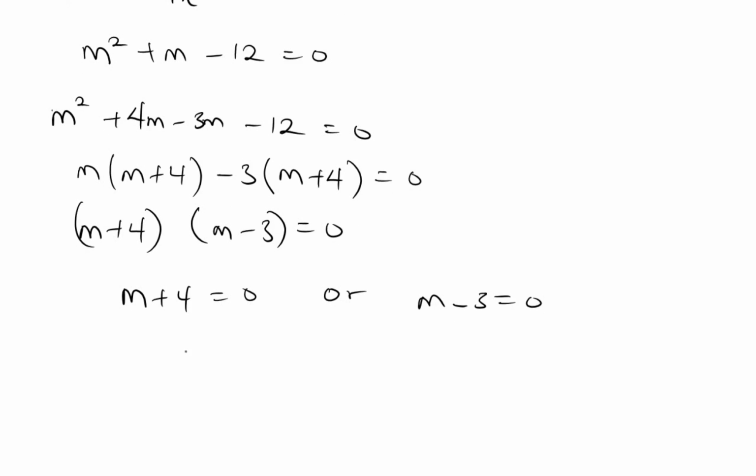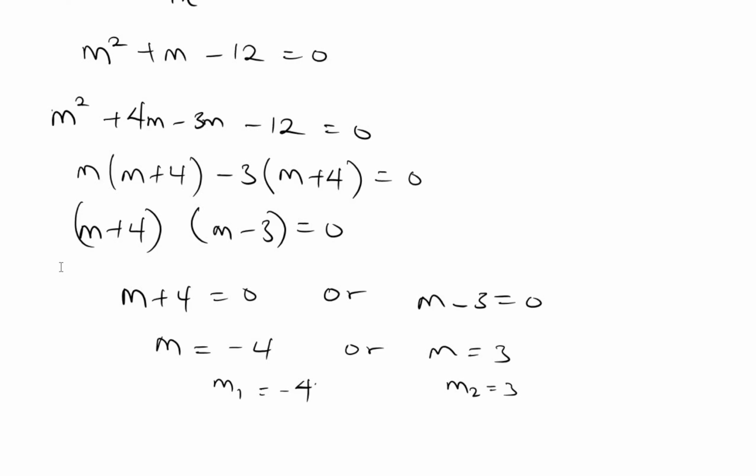And this is telling me that m is minus 4 or m is equal to 3. So this is my m1, which is minus 4, and this is my m2, which is 3.